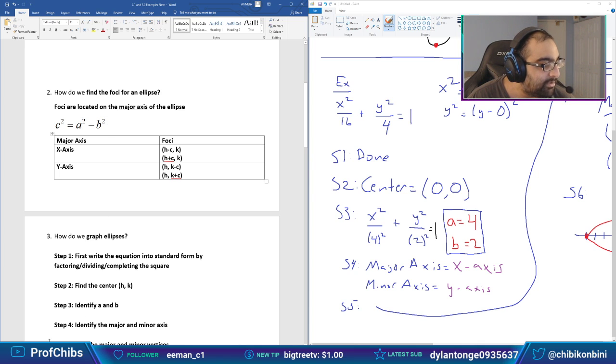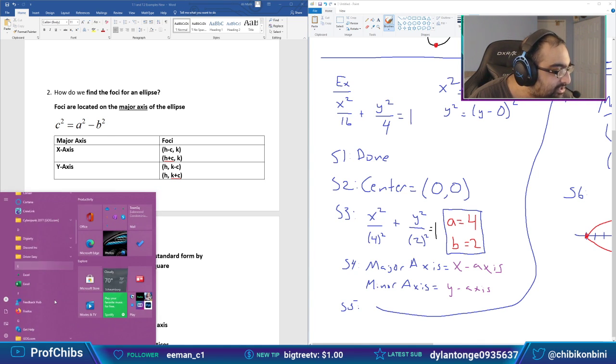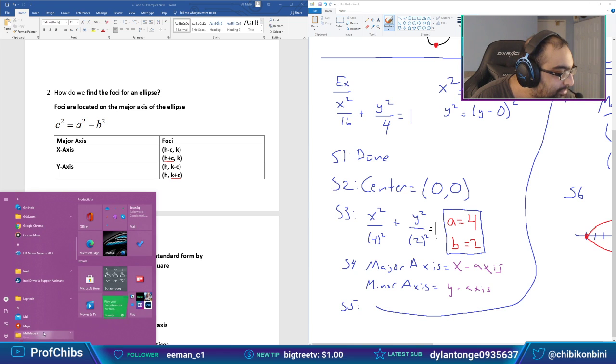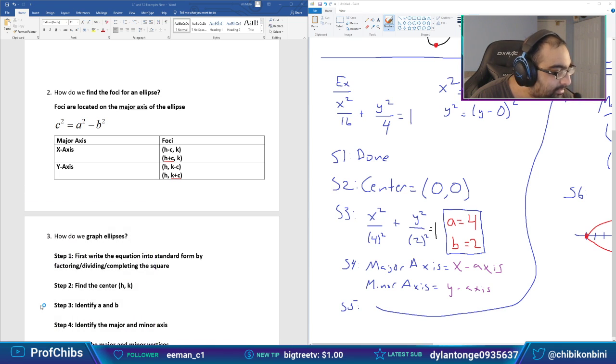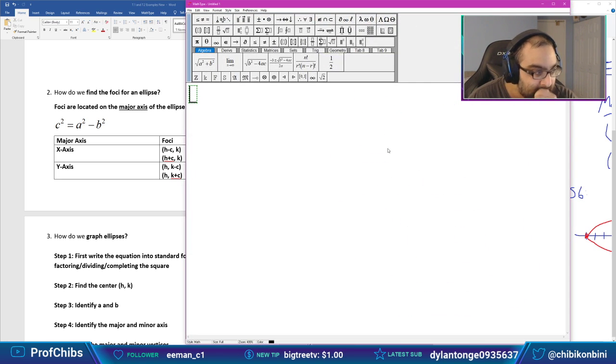Essentially, if I were to edit this just one more time, math tool. Bring up MathType first. Okay. What you can also conclude is that c is equal to the square root of a squared minus b squared.